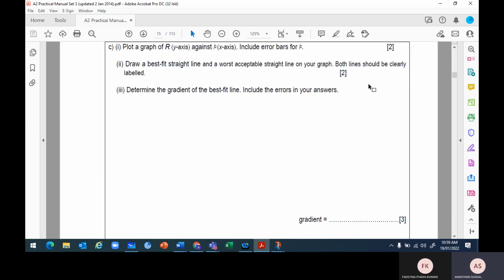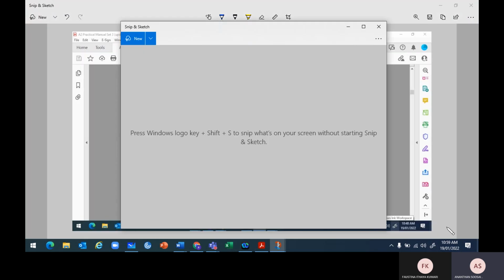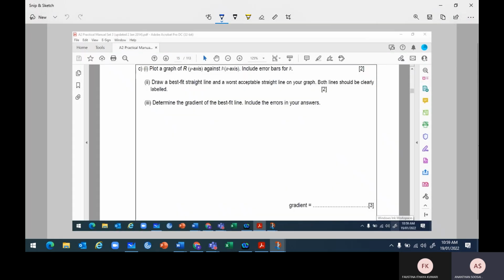Get your gradient with its uncertainty. So find the gradient of the best fit: y2 minus y1 over x2 minus x1.